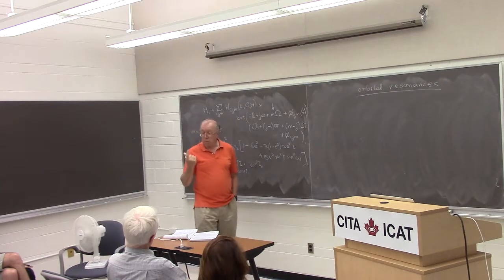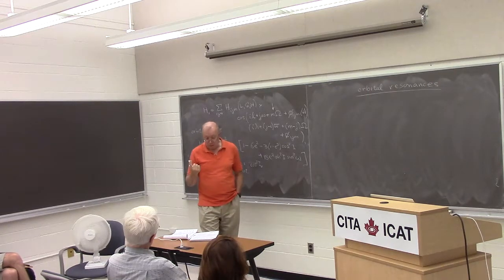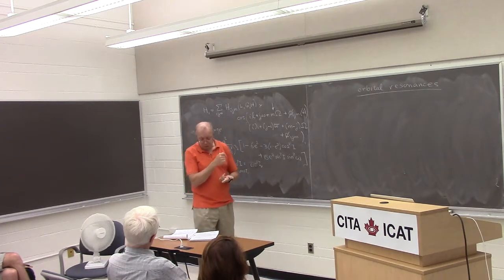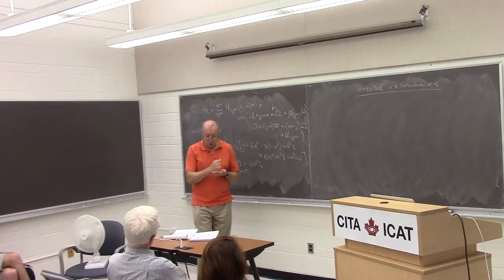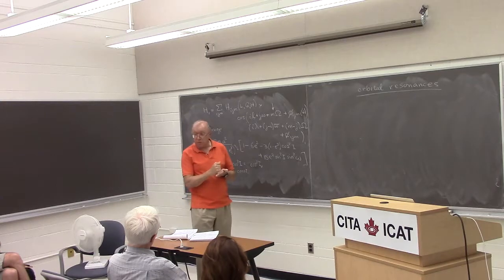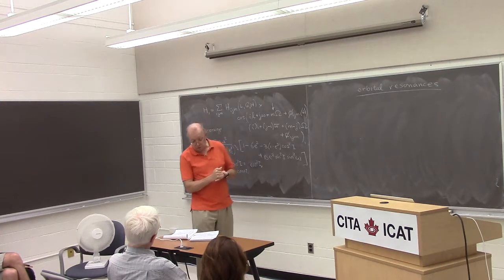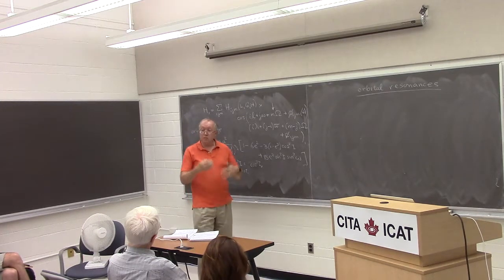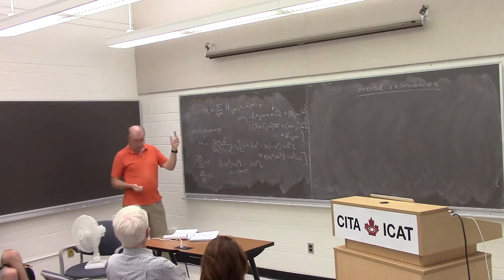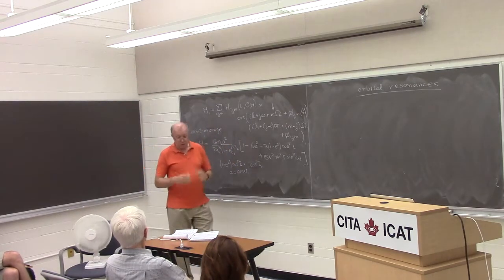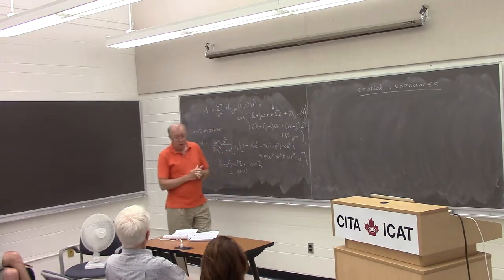Many of the satellites around the giant planets are in orbital resonances. There are signs of orbital resonances in planetary rings. It appears that a significant fraction of the exoplanets are in orbital resonances. There are also spin-orbit resonances. Mercury's spin is 3/2 its orbital angular frequency, and so forth and so on.